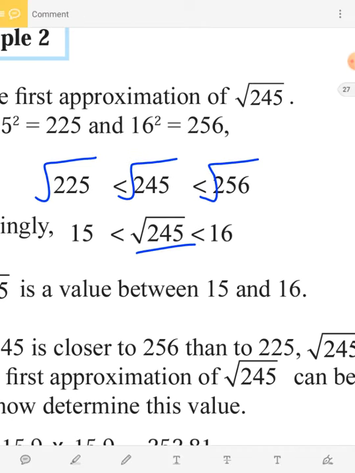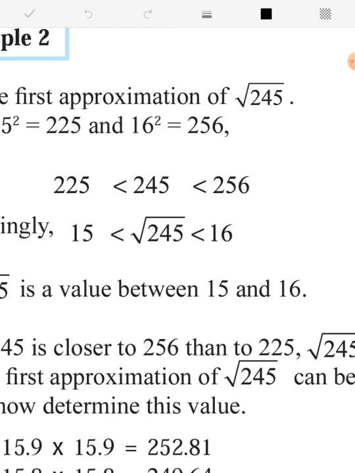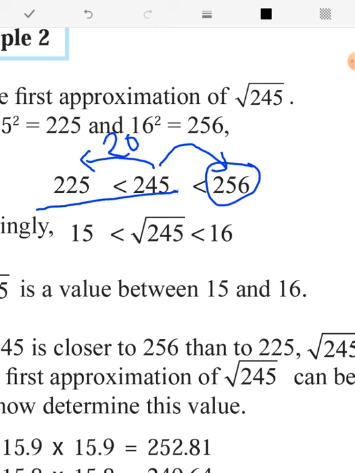But when you check whether 245 is closer to 225 or 256, it's 256. 245 is closer to 256 because the difference between 245 and 225 is 20. The difference between 245 and 256 is just 11. So 245 is much closer to 256.